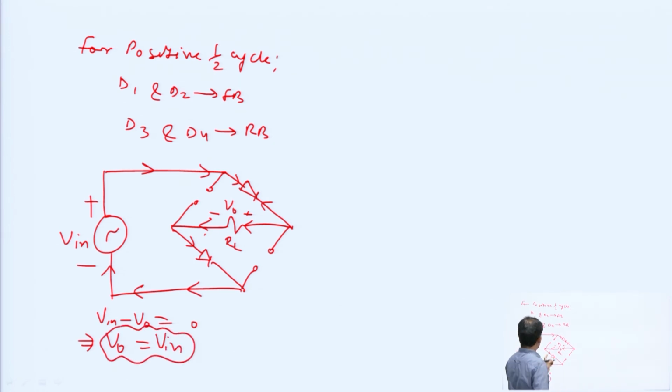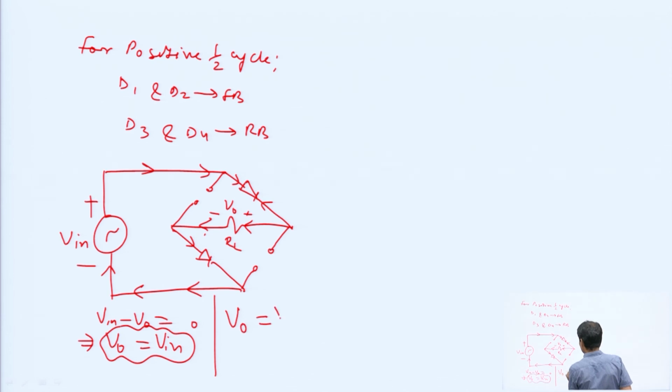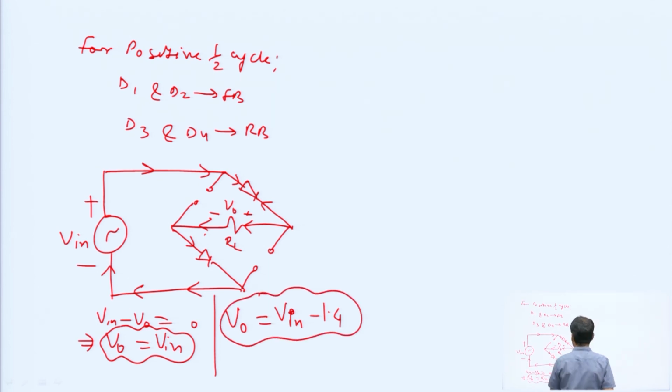Ideally, if we want to assume the diode practically, then V output is equal to V input minus 1.4 volt. This is the output voltage for practical diodes, means for two diodes the voltage drop becomes 1.4, here 0.7 and here 0.7: V input minus 0.7 minus V naught minus 0.7 is equal to 0, then V output becomes V input minus 1.4 volt. Now, for the negative half cycle what will happen?